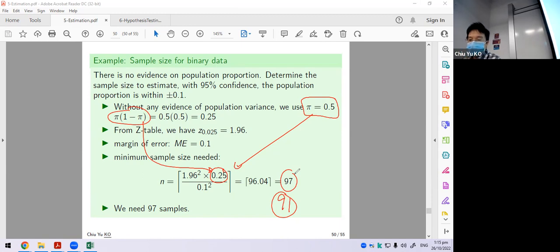Just one final remark, I guess many of you want to go home. This explains why when we do political polls, asking whom you elect, no matter whether you look at the UK, the US, or everywhere in the world, they always look at 1,000 or 2,000 people.